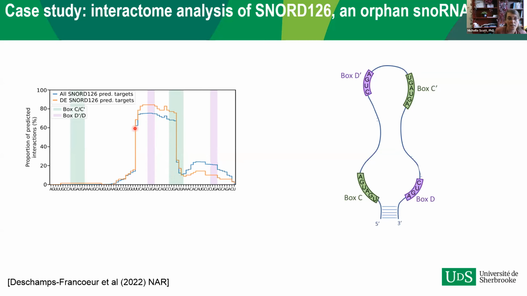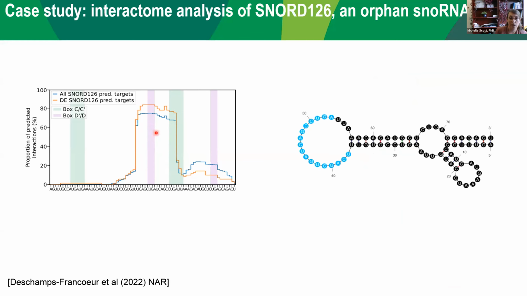The region that is predicted most to be involved in these interactions is between the box C' and the box D', which is not a guide region. If we look at this region in the predicted folded structure of SNORD126, it corresponds to this loop here. So this is really not a canonical interacting region for a snoRNA.